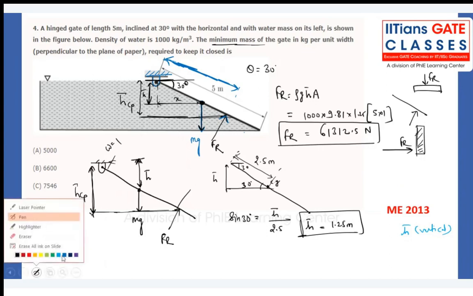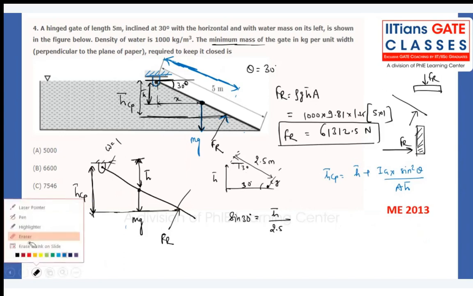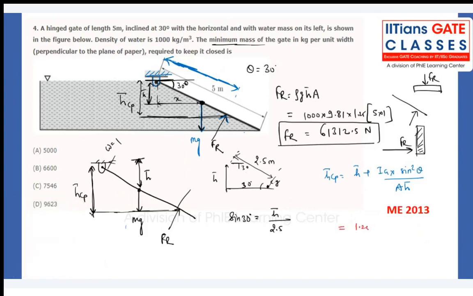Now, what is the next thing you can do? You have calculated the resultant force, weight, mass. G value, 9.81. H bar cp is a big task. How to calculate h bar cp? We know that h bar cp equals h bar plus Igx sine square theta divided by area into h bar. Let me calculate. H bar we know, 1.25.